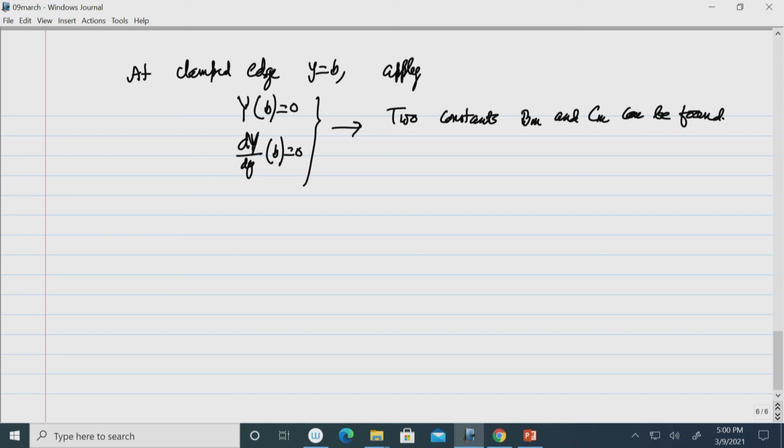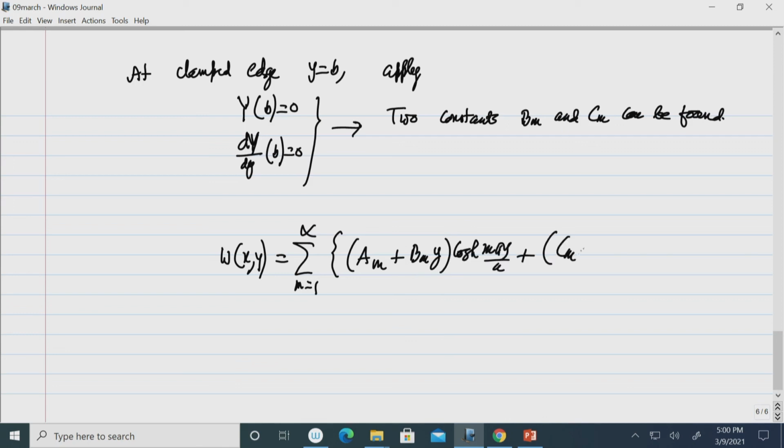Therefore, the solution is now known completely with this series. Okay. So, the complete series is now known because a_m, b_m, c_m, d_m are calculated.